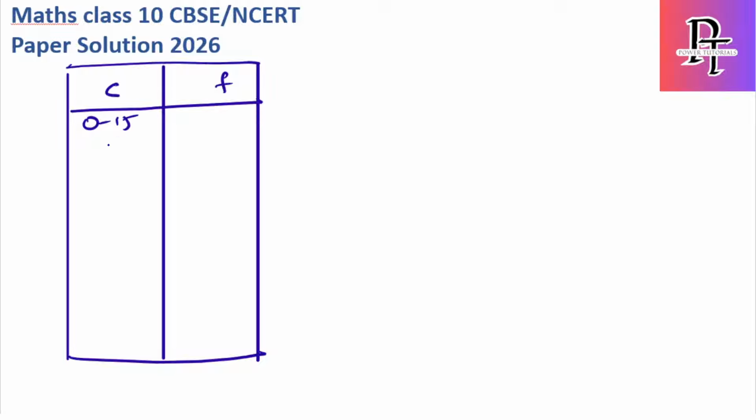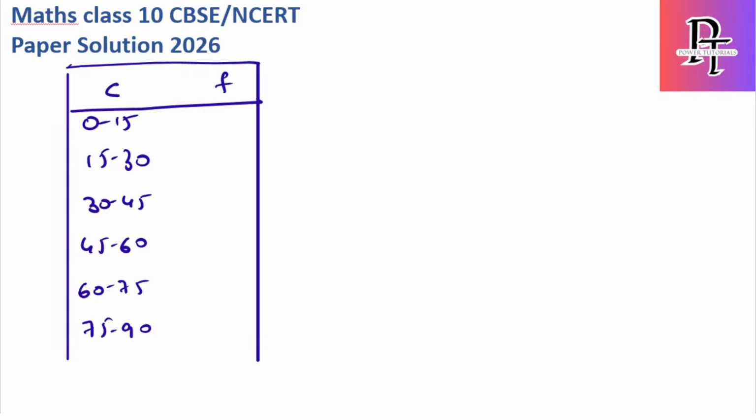Zero to 15, 15 to 30, 30 to 45, 45 to 60, 60 to 75, 75 to 90, and the last one 90 to 105.